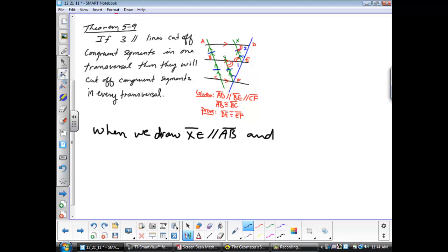And YF parallel to BC. And I'll just say parallel to AB at the same time.